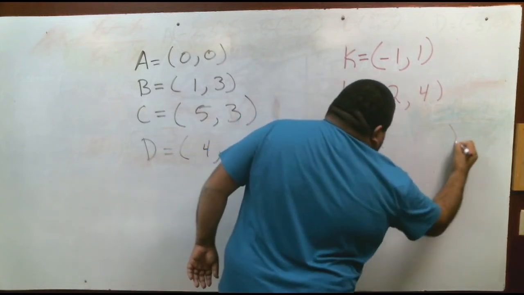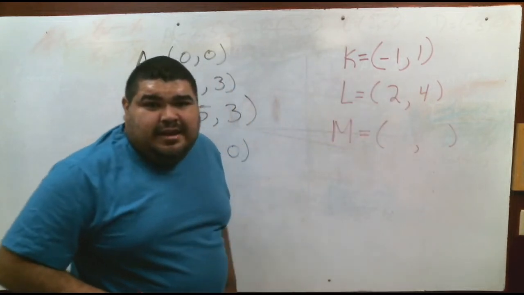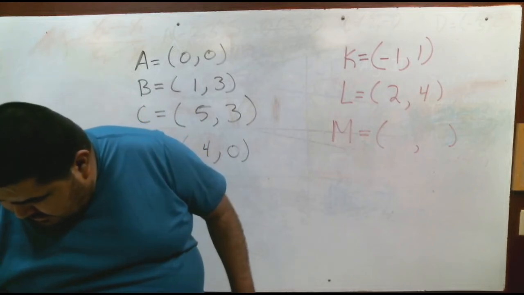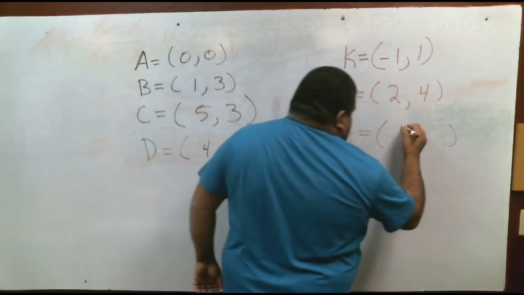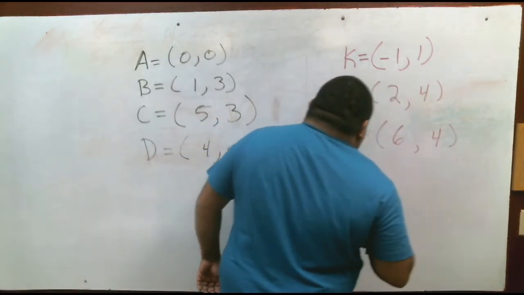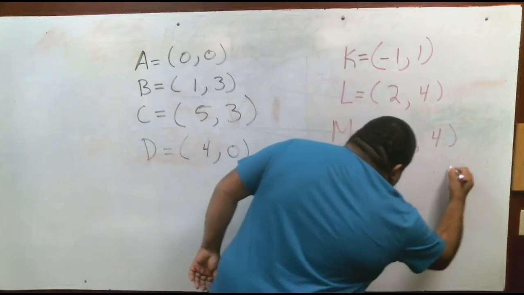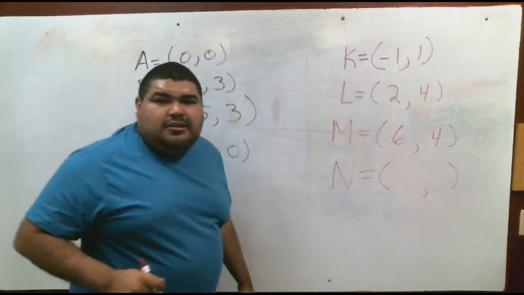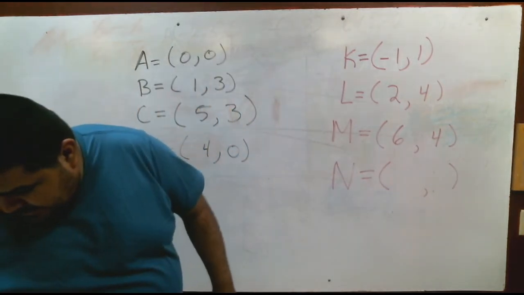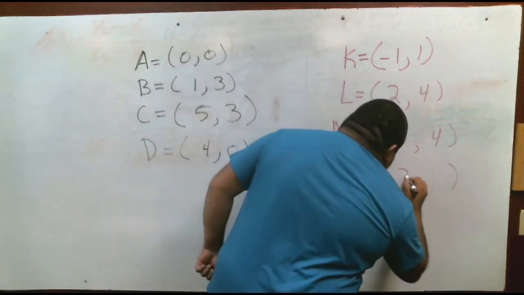M is located at 6 and 4. And finally, N is located at 3 and 1. Okay?